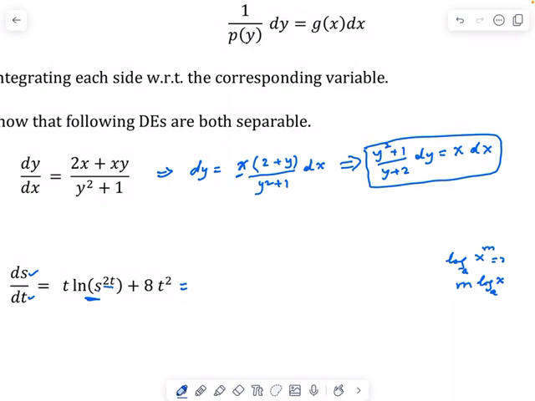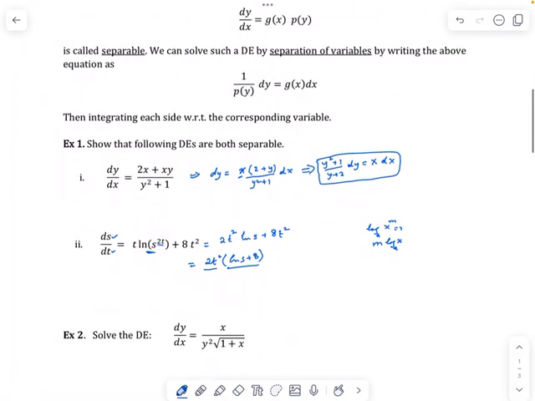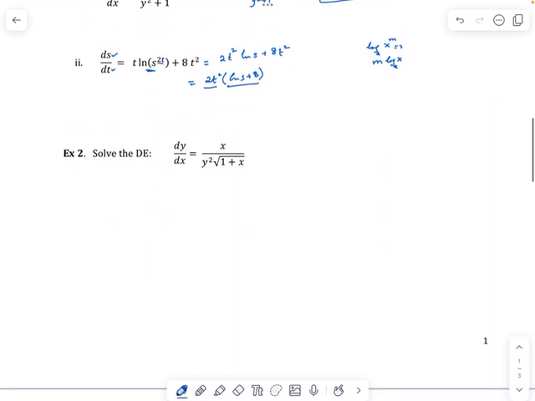We get 2t, and there is another t already outside there, so it becomes 2t squared ln of s plus 8t squared, which can now be written as 2t squared, which we factor out, times (ln of s plus 8). So we have a function of t and a function of s. So separable. In these parts, we just had to show that the equation is separable.